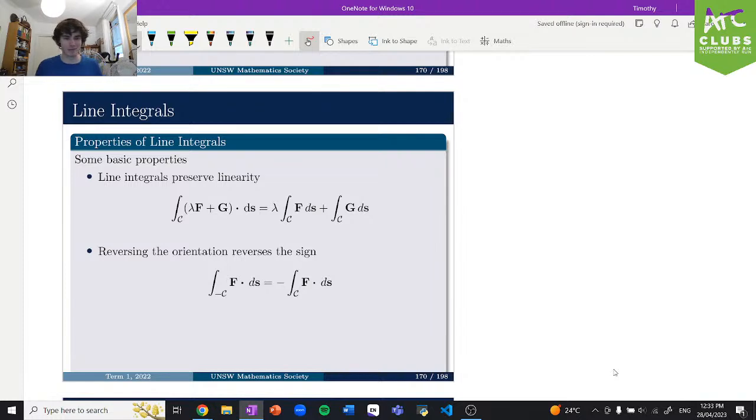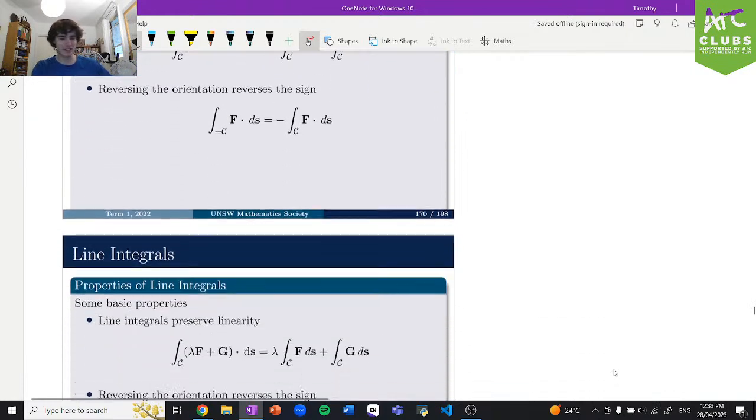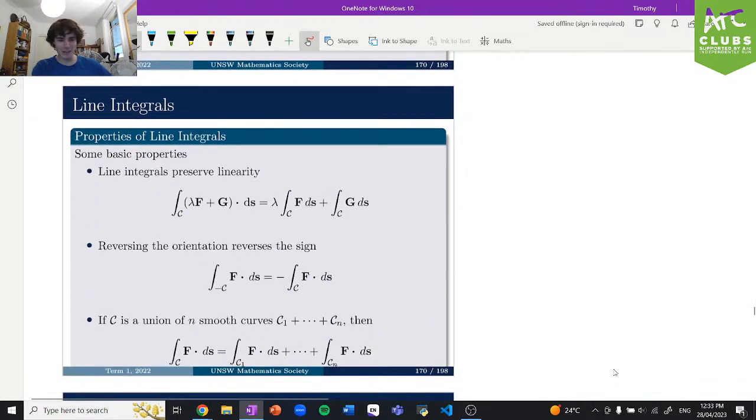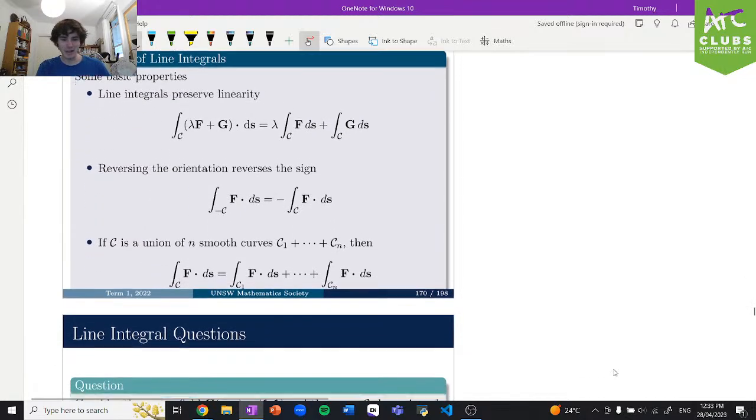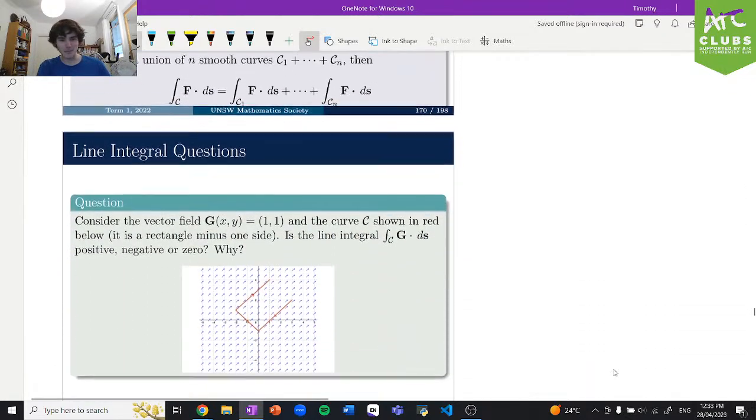That's what I was talking about beforehand: you can look at the orientation and do a mental check, am I going in the right direction? If not, just put a negative sign out the front. Also, if you have a whole bunch of curves that add together, you can chop it into as many pieces as you like.